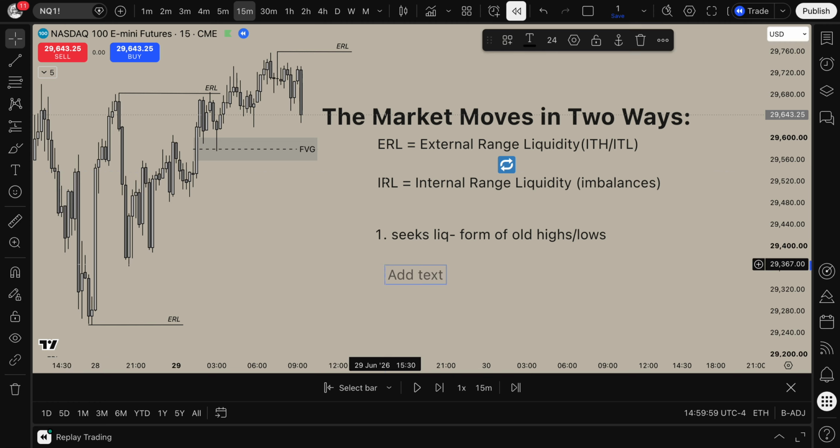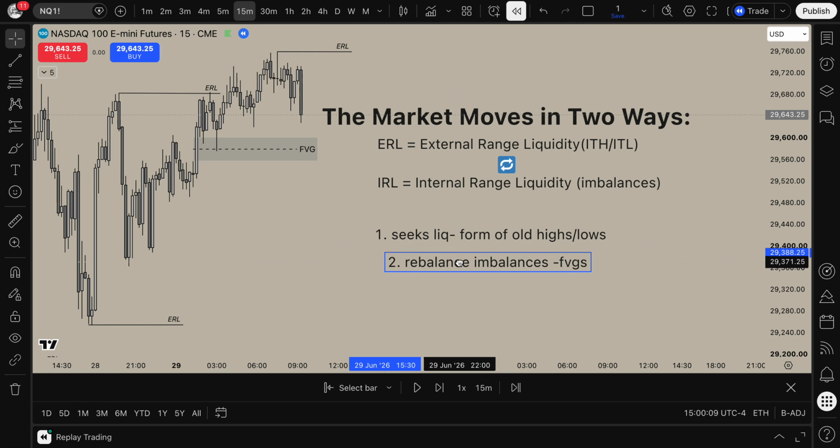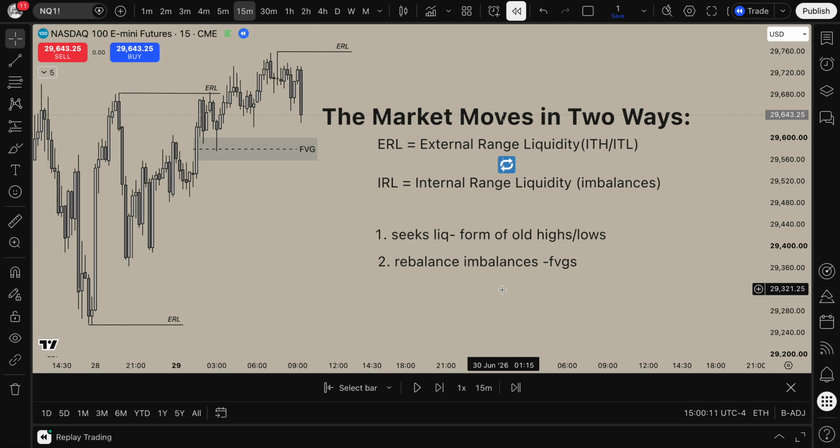Number two, it rebalances imbalances, so obviously just fair value gaps. Really that simple, bro, not gonna lie.